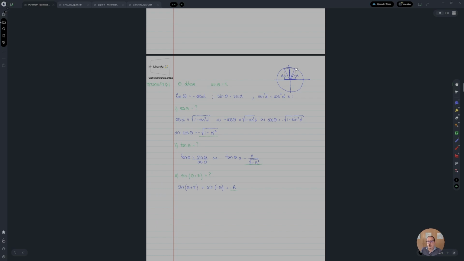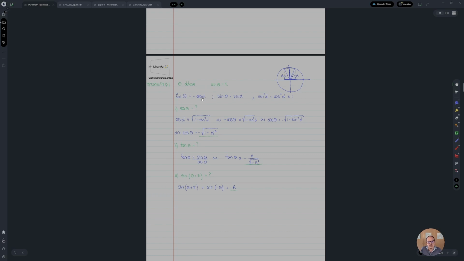Now, if you look at the cosine of this angle alpha, it is going to be minus the cosine of theta. In other words, the cosine of theta is going to be minus the cosine of alpha. So if you can measure the cosine of alpha, you immediately have the cosine of theta.